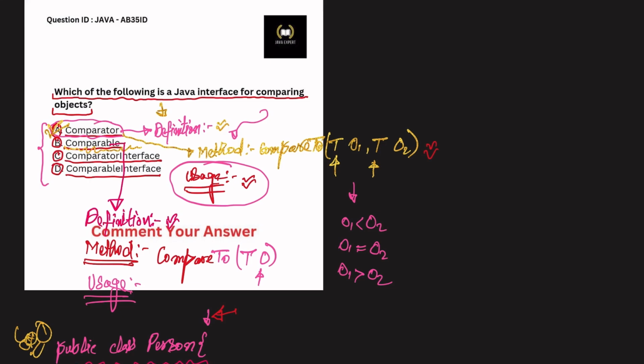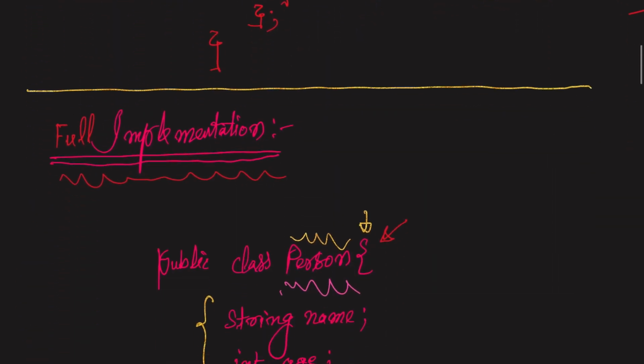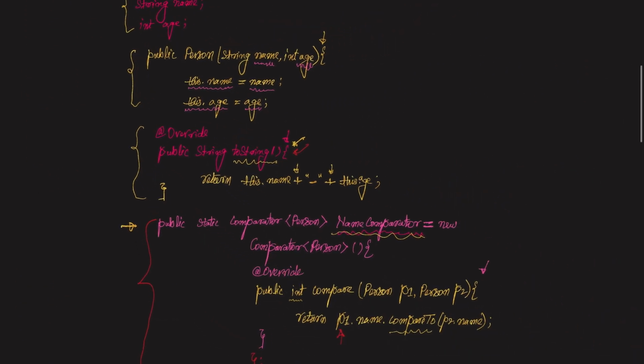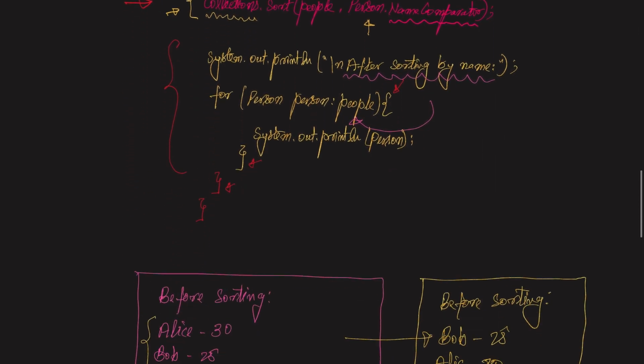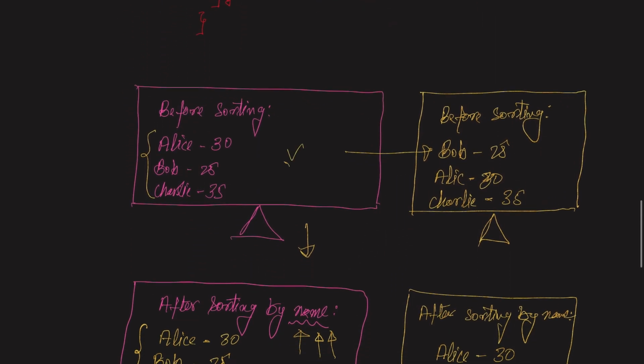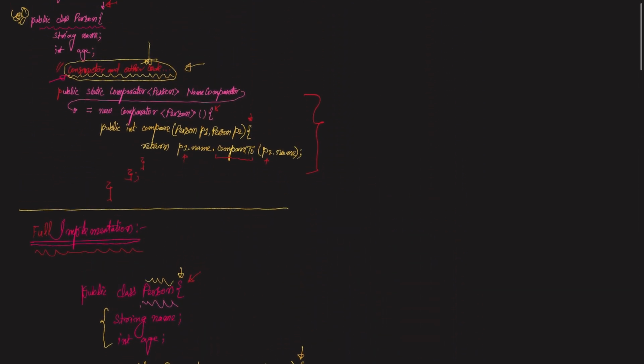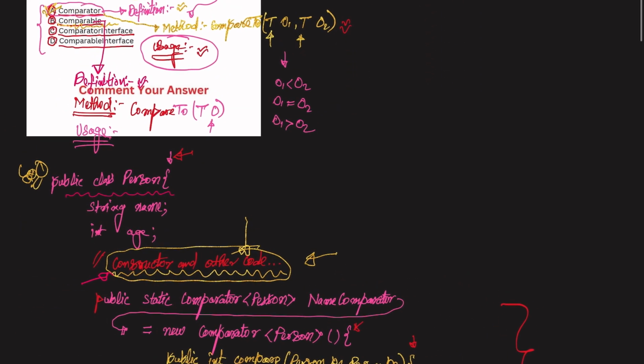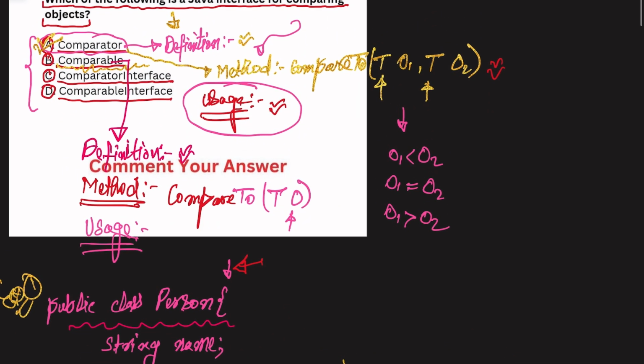For example, sorting by name in a Person class is easy. We have seen the sorting by name with the help of comparator here. And for the comparable, which is option B, we also know about the usage.